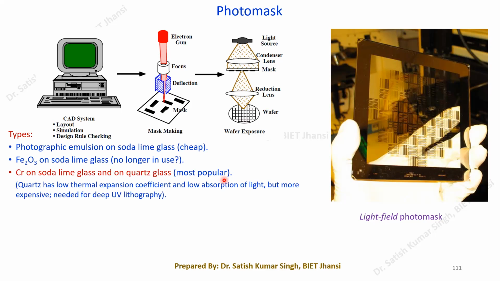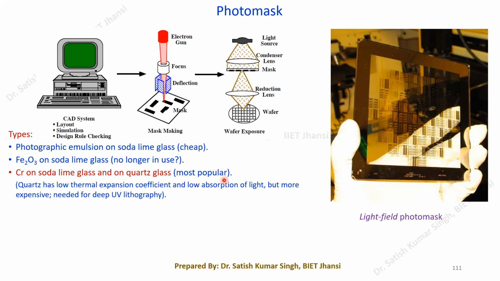As I explained about the certain properties of the photo mask, if you remember, the photo mask should have a very small thermal expansion coefficient. It should not expand when we expose through UV rays, because UV rays hit your wafers, so it will hit your mask also. When its temperature increases, the features printed onto the photo mask should be stable with temperature.